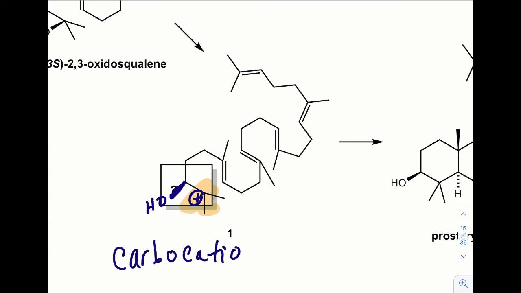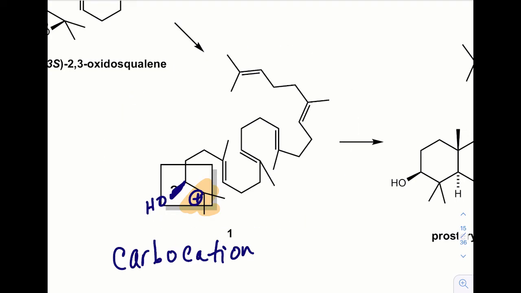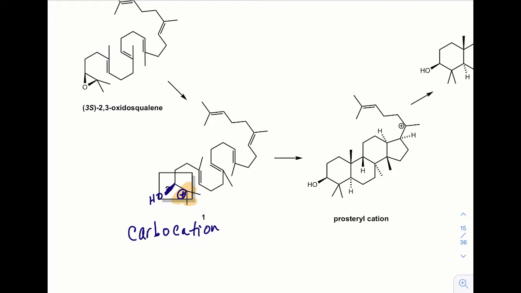And since we have really no idea what species number 1 is going to do, it's going to be dramatic, right? Look at all these rings that are formed. We can see all the rings in the prosteryl cation that are formed. Whoa. But maybe we don't know what's going to happen next because we don't see a nucleophile with a lone pair. And so we're having a hard time making an analogy to the epoxide openings that we know.